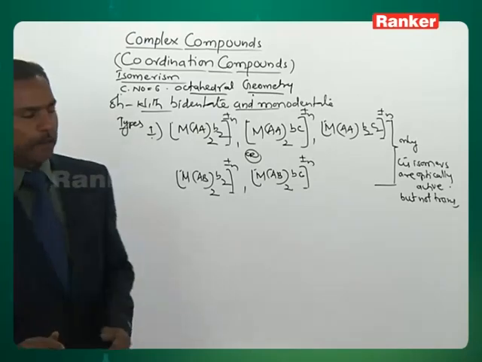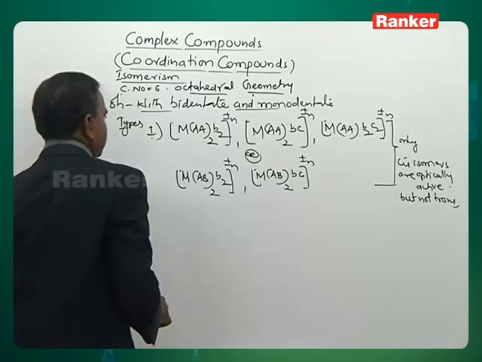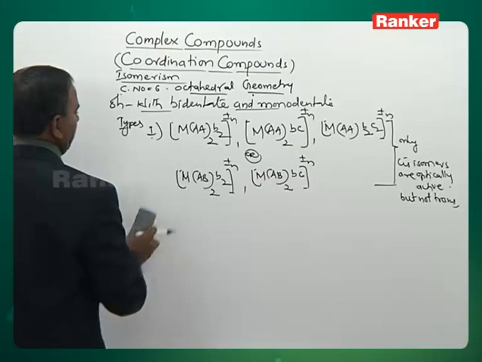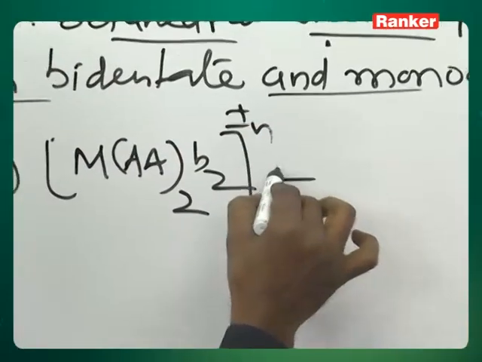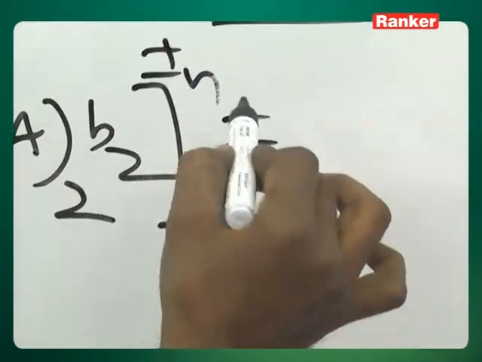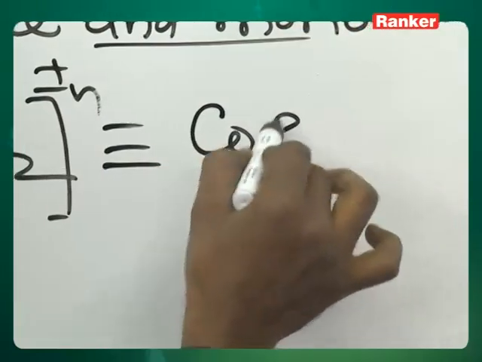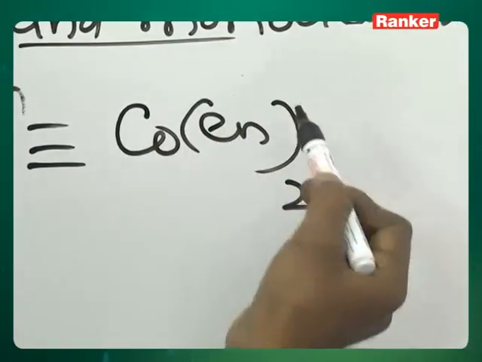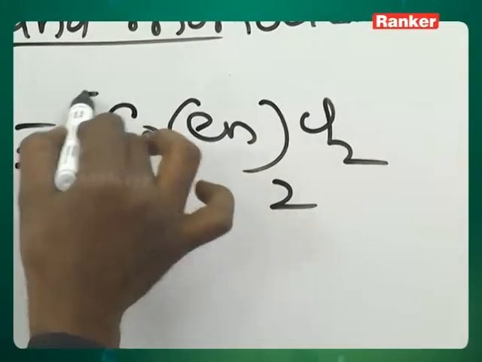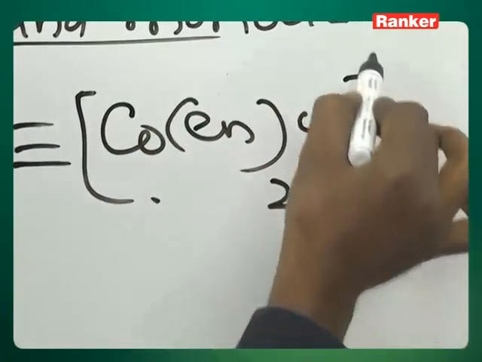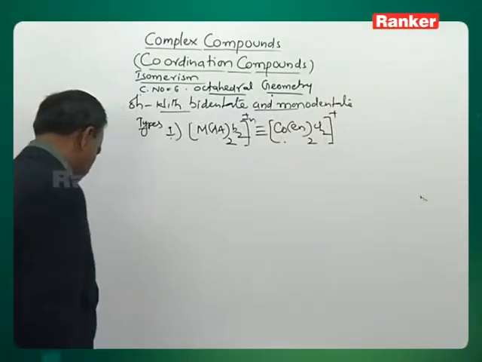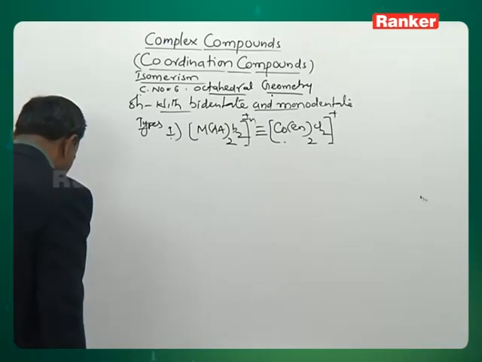exhibiting optical isomerism. Take the first model, MAA B2, let me write. This MAA B2, Co(en) taken twice, Cl2 plus.